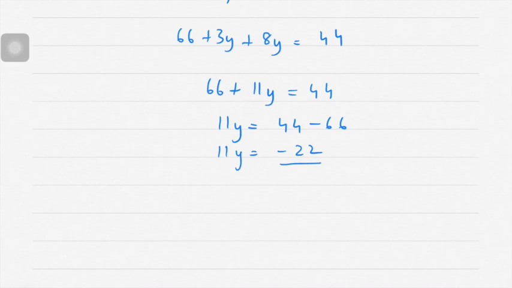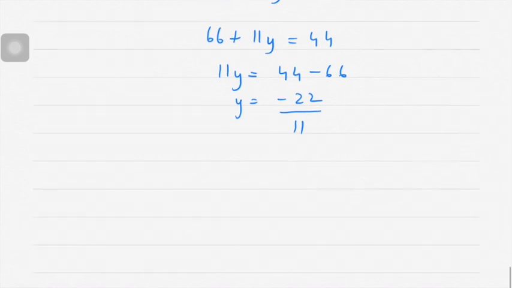So 11y is equal to minus 22. I'll take 11 on the other side. Y is equal to minus 22 upon 11. Therefore, y is equal to minus 2.